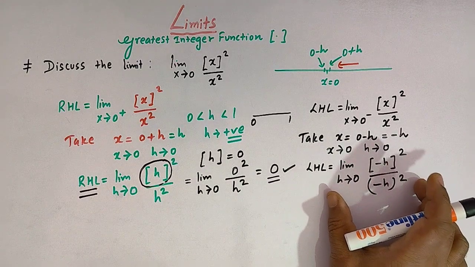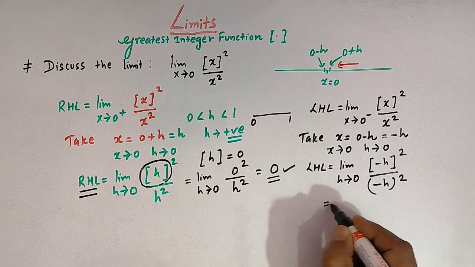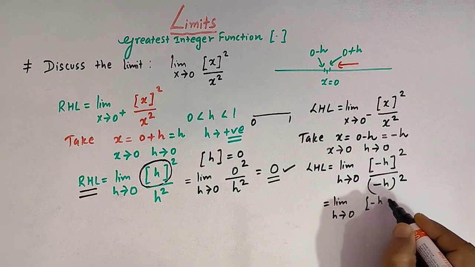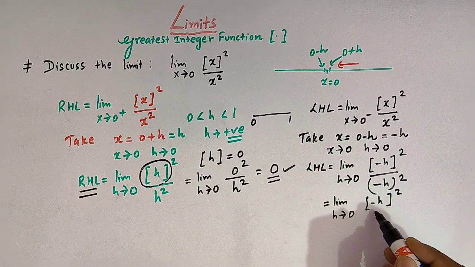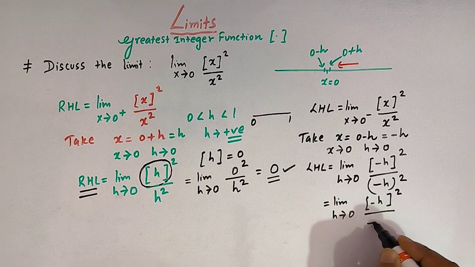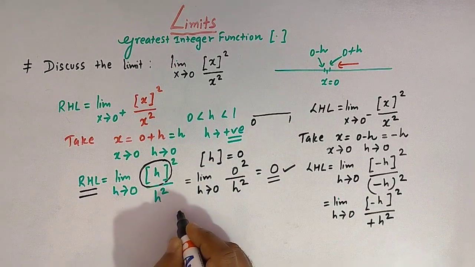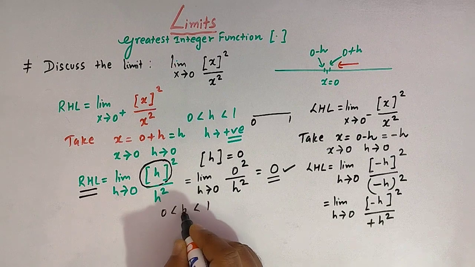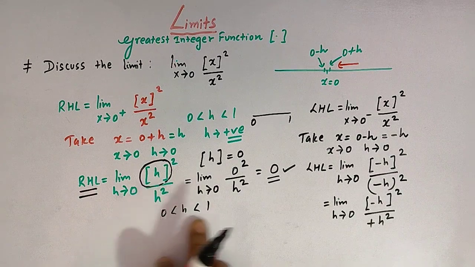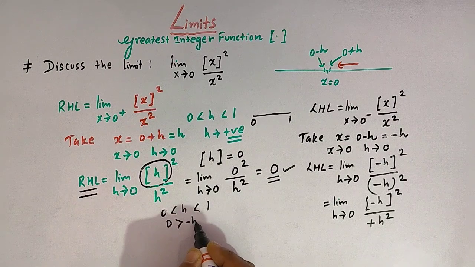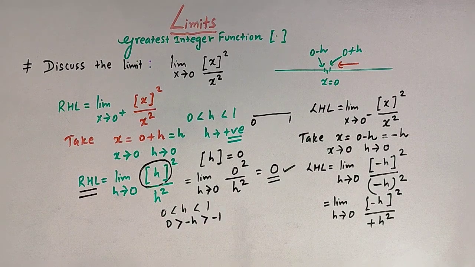Now here we have to pay special attention. We have the square of greatest integer of minus h, and minus h squared is positive h squared. Now h lies between 0 and 1, and if we multiply this inequality throughout by a negative sign, we have 0 greater than minus h greater than minus 1, because once we multiply throughout by a negative sign, the direction of the inequalities gets reversed.